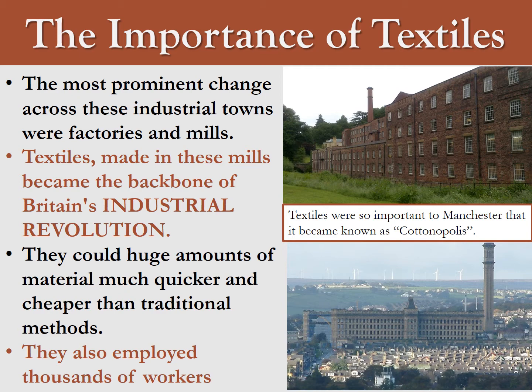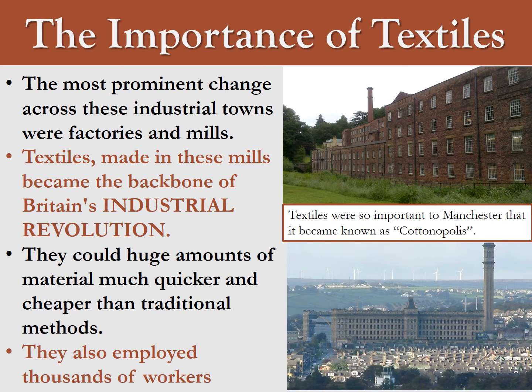Obviously, Manchester then, as a result, emerged on the back of the slave trade, the cotton being grown in the US, shipped by slaves over to Britain, and then turned from raw cotton into textiles in cities particularly like Manchester. The image below that is Lister's Mill in Bradford. Bradford is one of the cities that took a different route to using cotton.